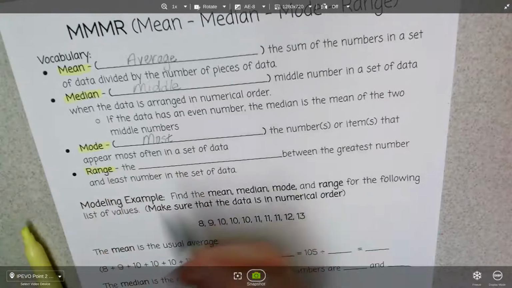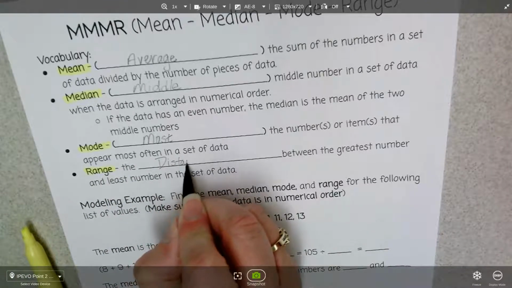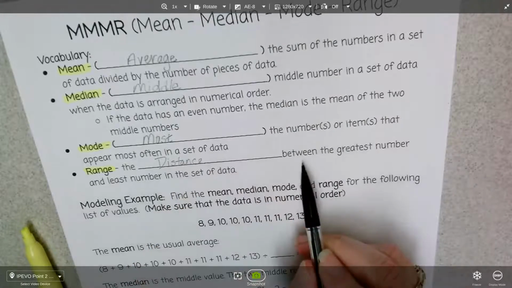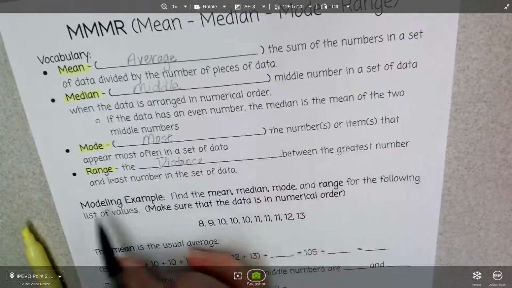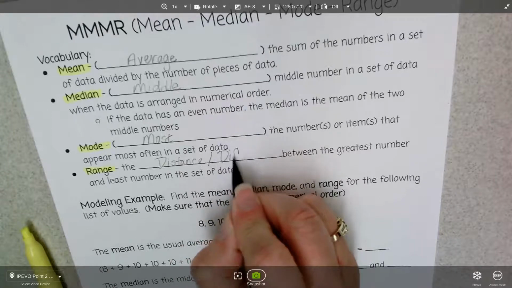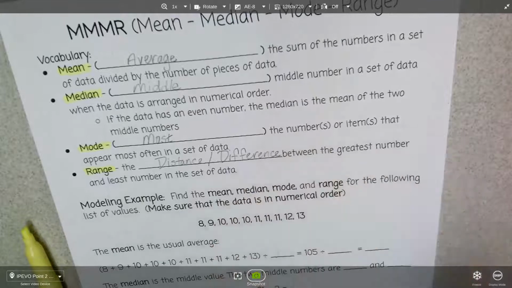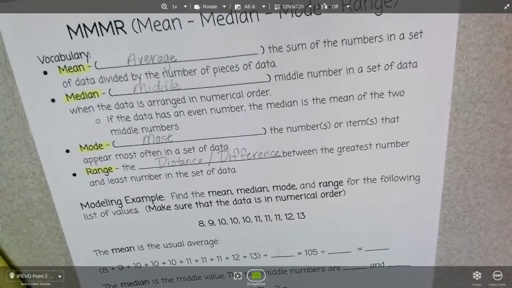Range is the distance, or difference, between the greatest number and the least number in the set of data.